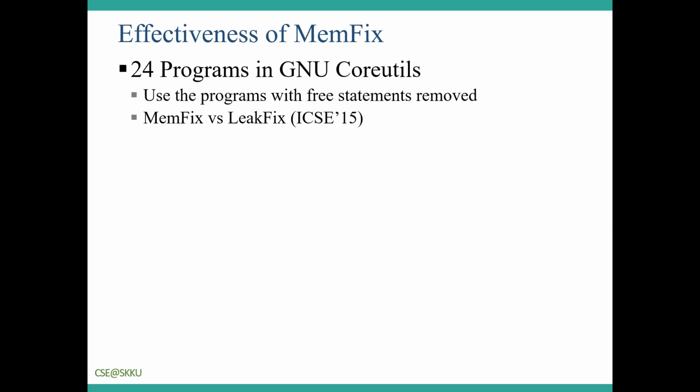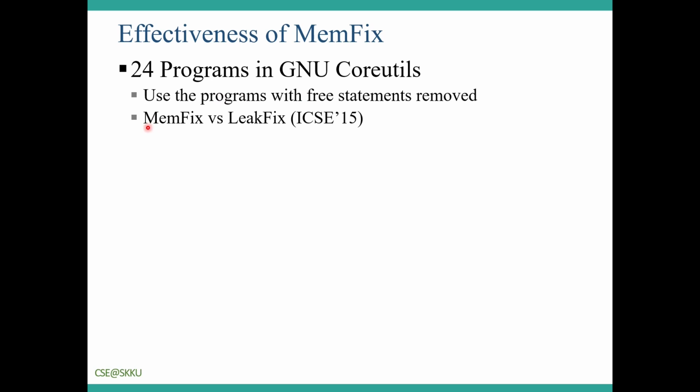Now let's briefly look at MemFix's performance in practice. The evaluation was conducted using 24 programs from coreutils, and specifically they tested whether MemFix could generate safe and correct patches for versions of these programs where all free statements had been removed deliberately.